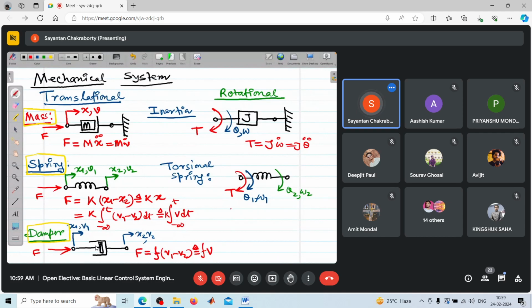So you can simply write this torque to be theta 1, or defined as k of theta. And finally, a damper similar to that linear case. So these are the basic building blocks of a mechanical system, and the corresponding representation of the variables associated with this.